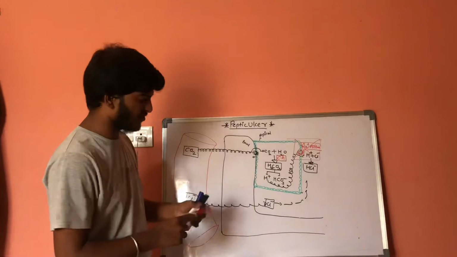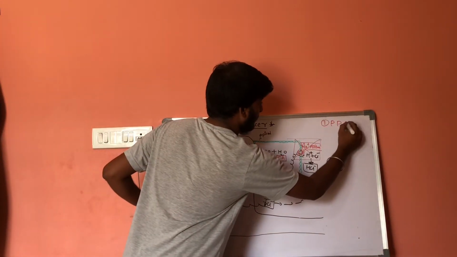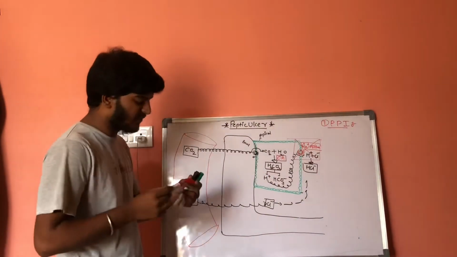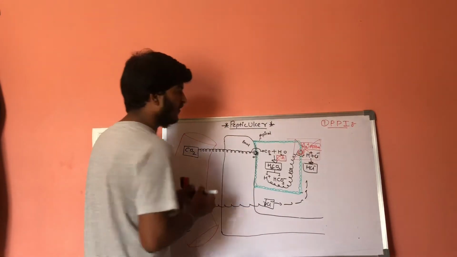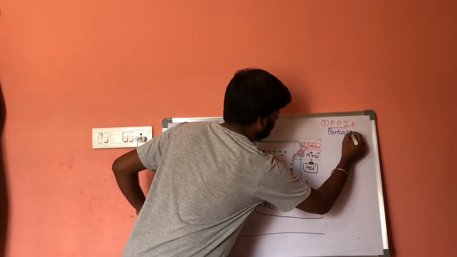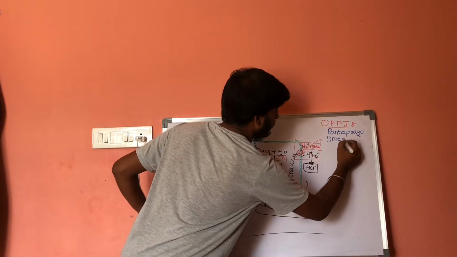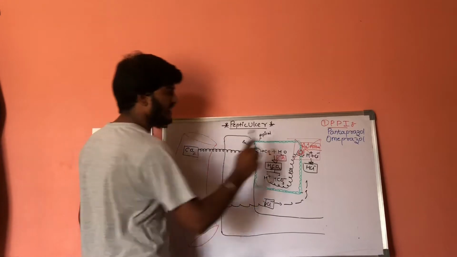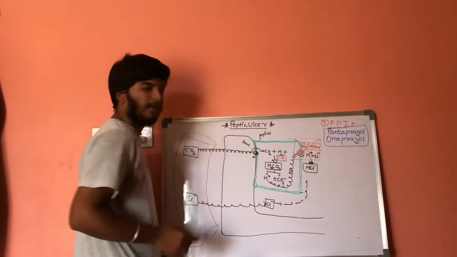So, the first group of drugs is called proton pump inhibitors. The drugs which come under proton pump inhibitors are pantoprazole and omeprazole.